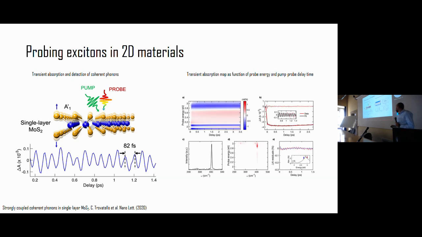When you do a Fourier transform of this oscillation, you discover that they correspond to a phonon. You can check this by, for example, doing the Raman spectrum of this material. You will see a series of peaks, and one of those frequencies will match the frequency of a coherent phonon. Indeed, this experiment can be more general.